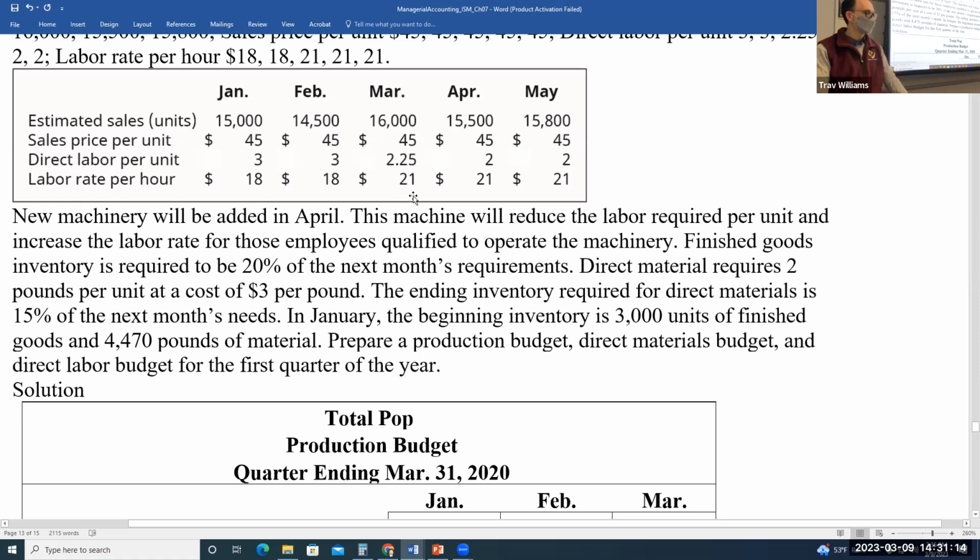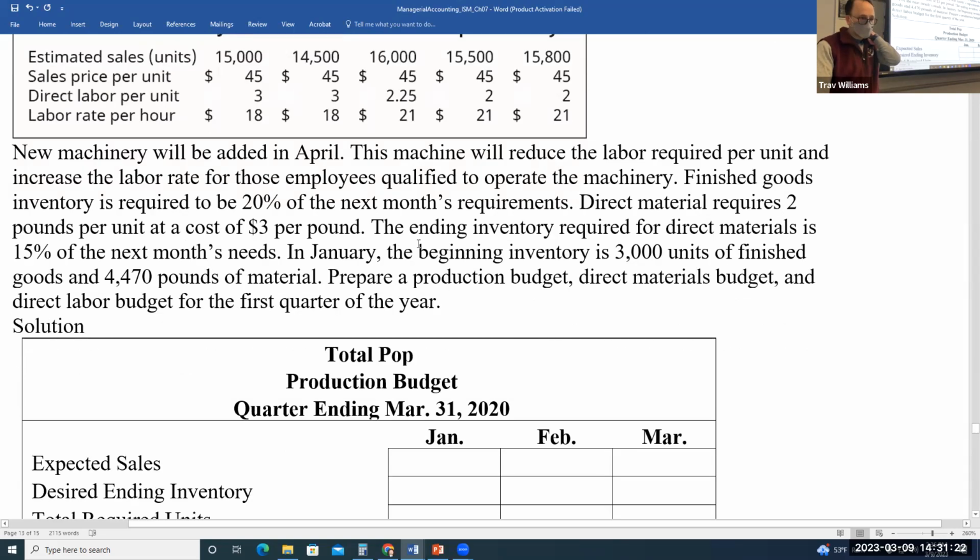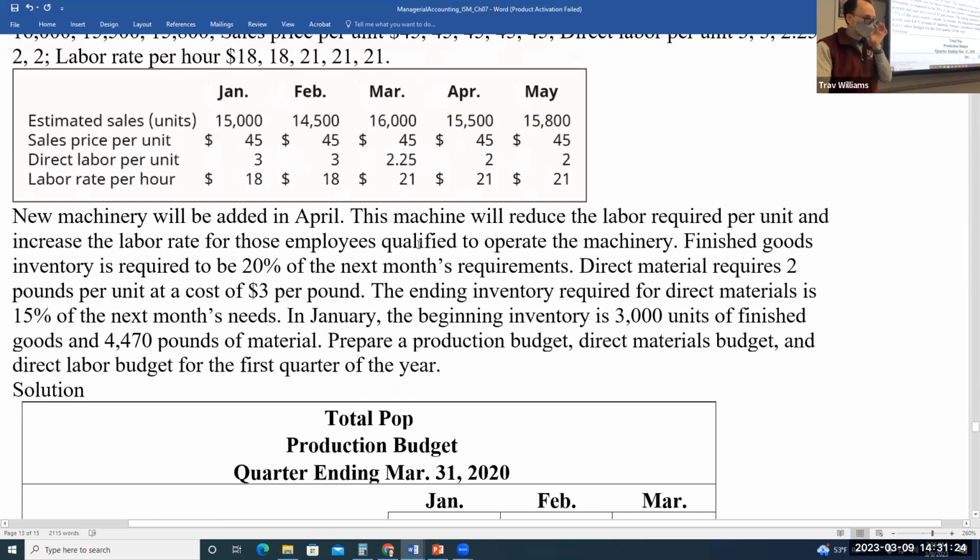Okay. The company's planning to add some new machinery in April. The new machinery will reduce the labor required per unit. Looks like it took effect in March, but whatever.